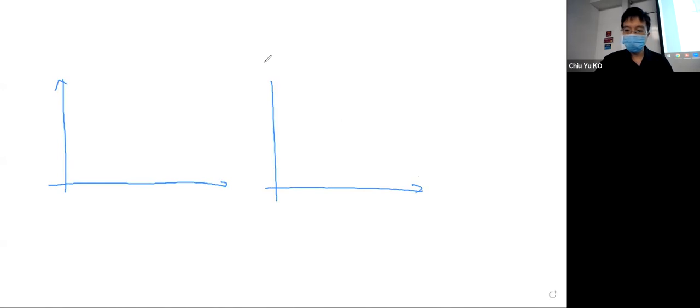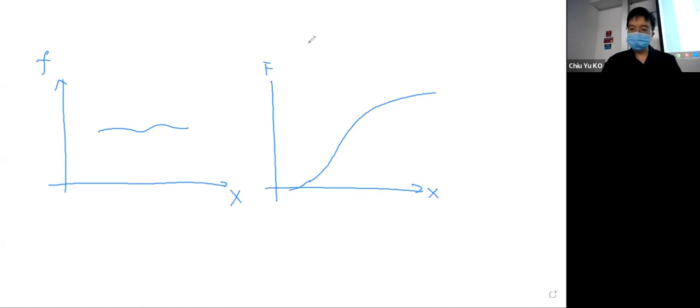In the continuous case, suppose we have a big F here and a small f here. Big F sometimes looks like this, and small f will look something like this.